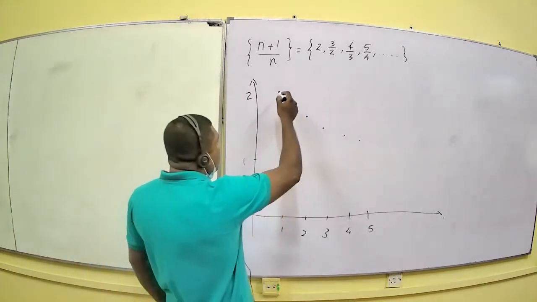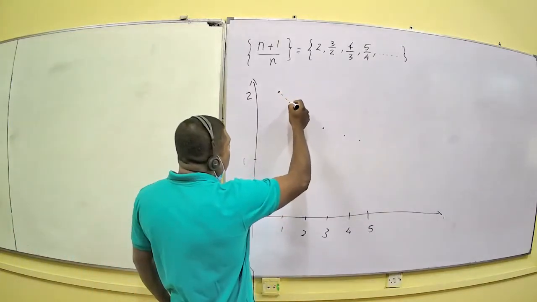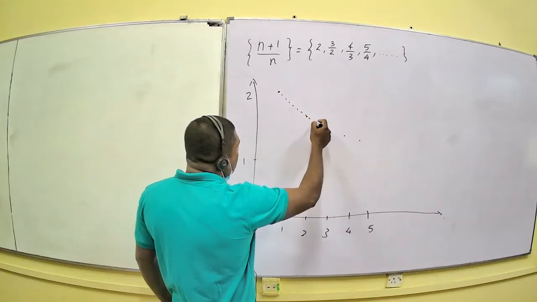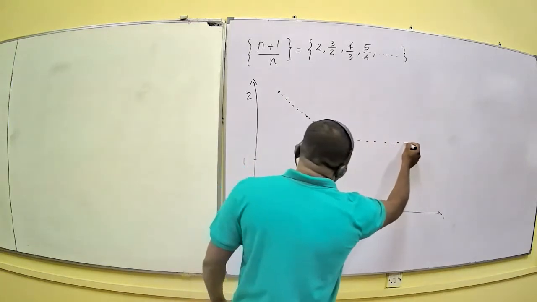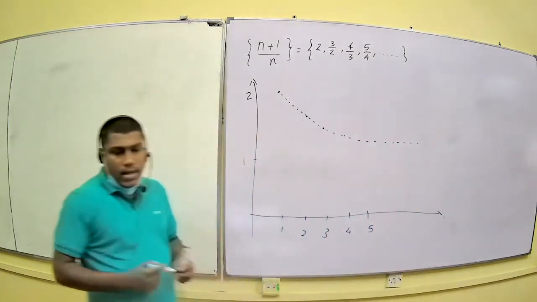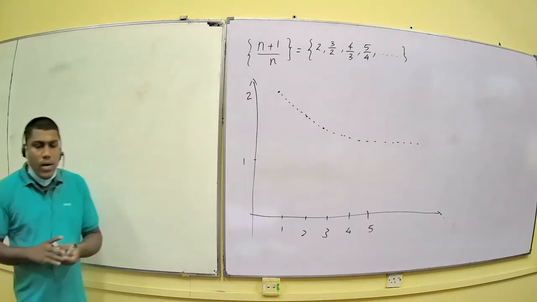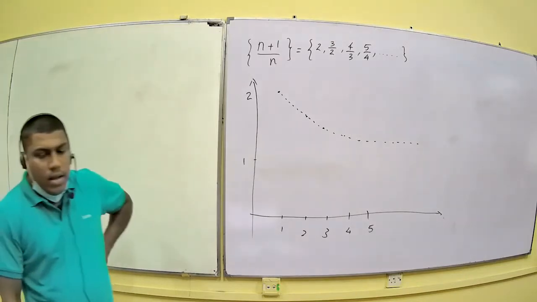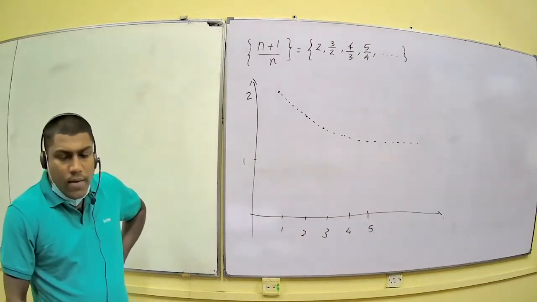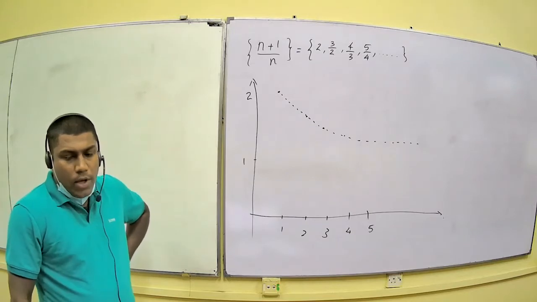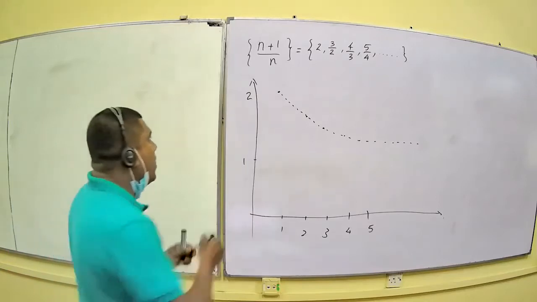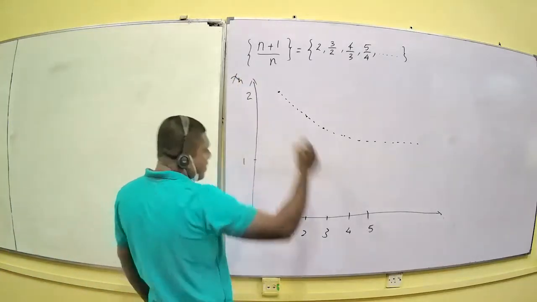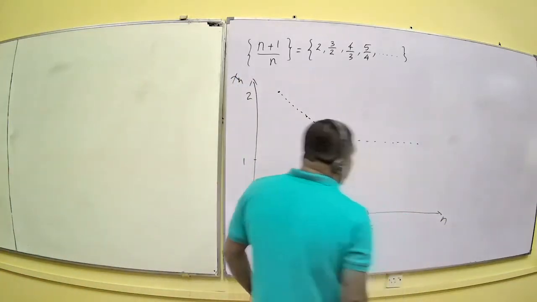If we join these points, the dotted line is the line which joins the points plotted in the sequence. Here this is xn and this is n.